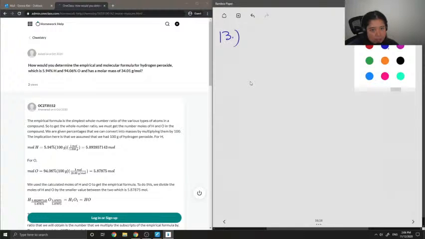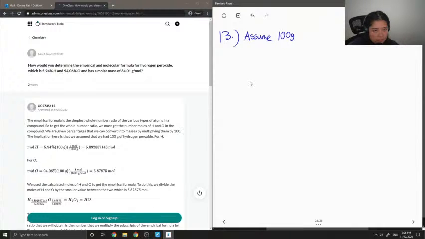Okay, so this is a multi-step question, but before I do any math, I'm first going to make the assumption that there is 100 grams of hydrogen peroxide. Okay, so this makes calculations much easier since they give us percentage values.